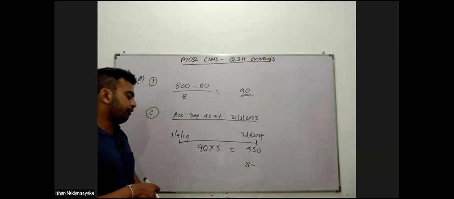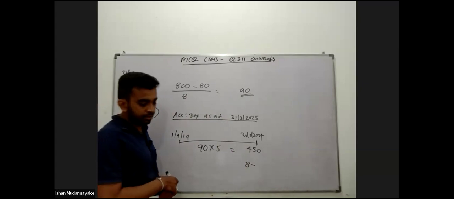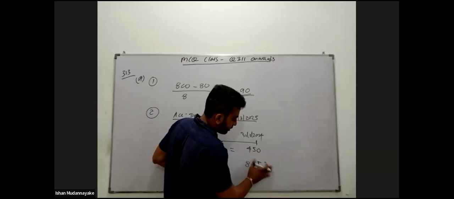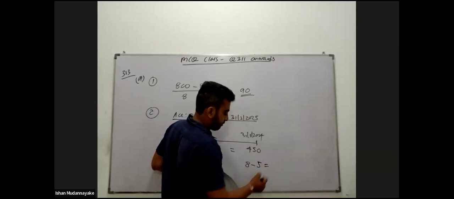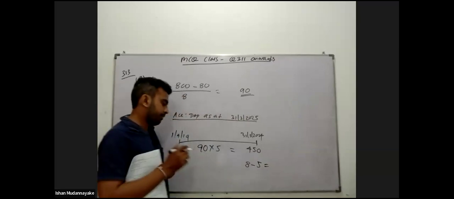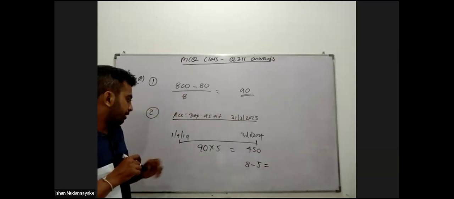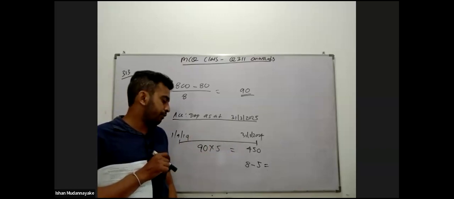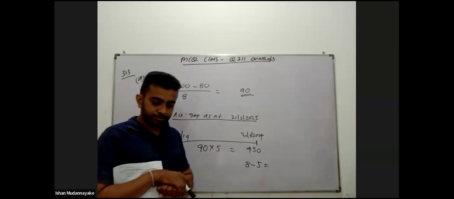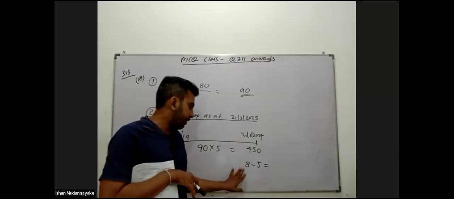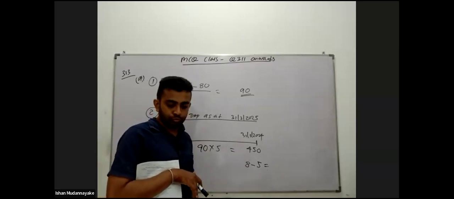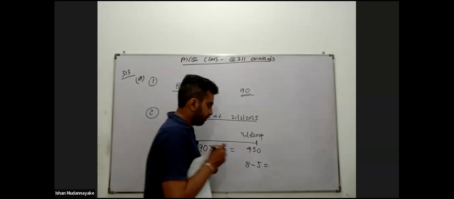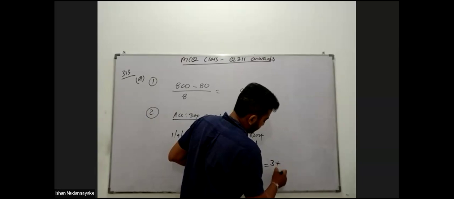So 8 years minus 5 gives a remaining useful lifetime of 3 years.